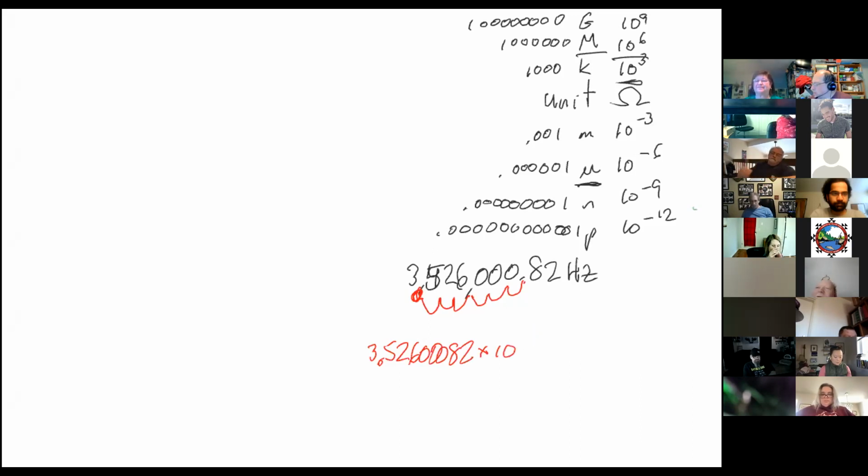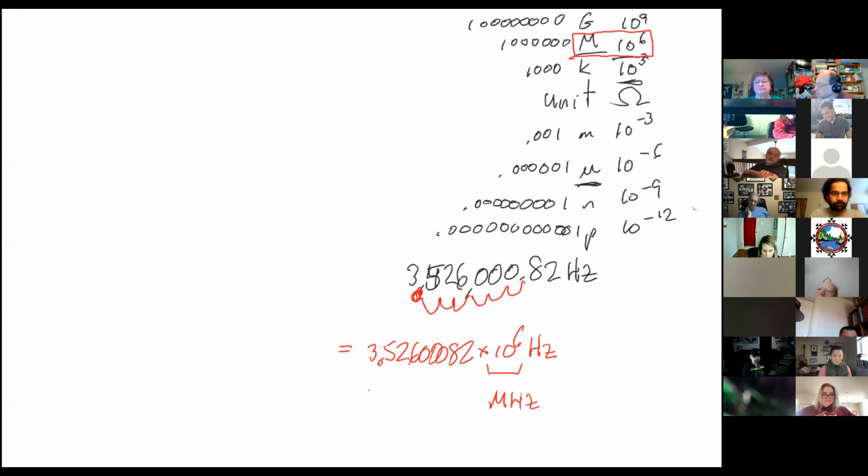There we go. So that would be plus 6, right? And it's still units of hertz. And now what do we do with that 10 to the 6th power? Replace it with mega. That's right.